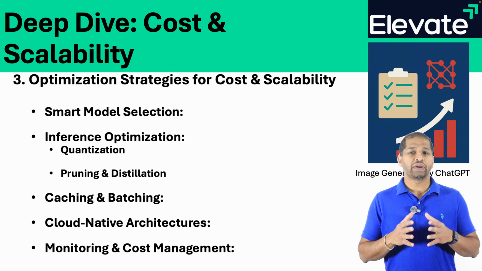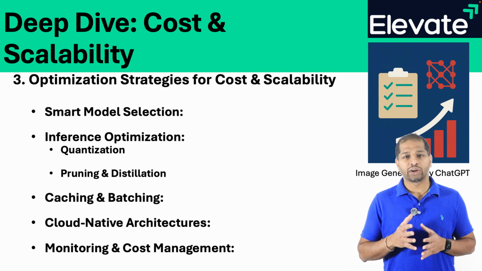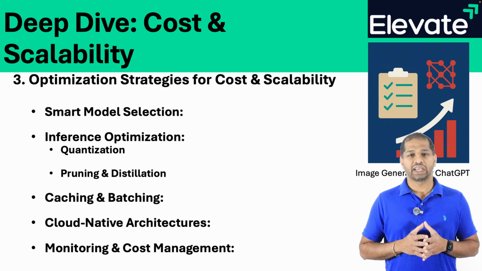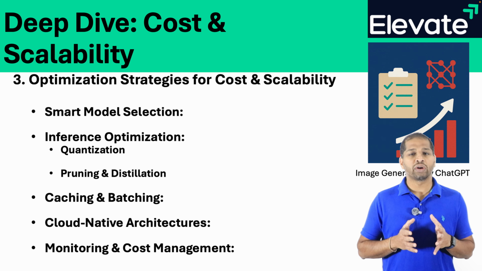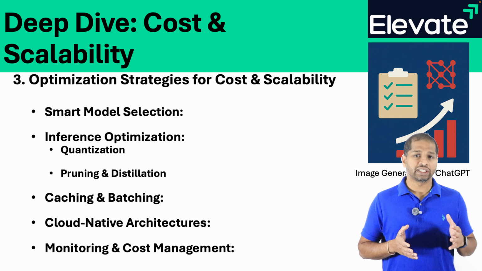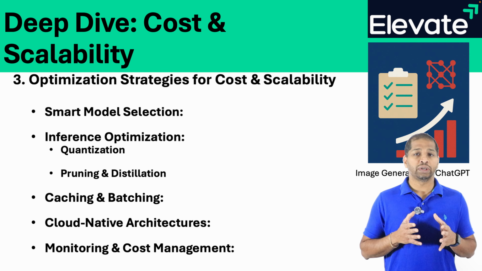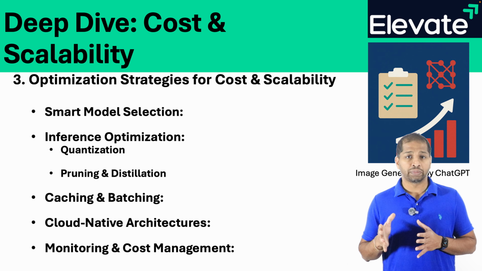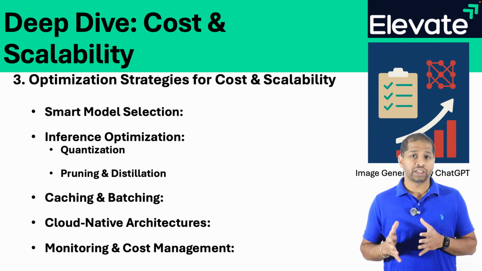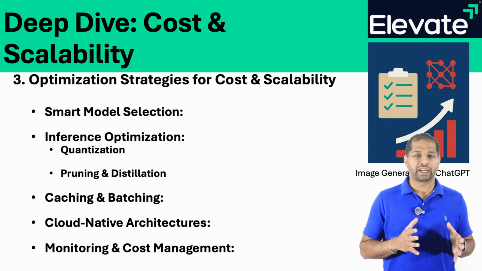Next, inference optimization techniques are crucial. Quantization is a powerful method where you reduce the precision of the model's weights and activations, for example, from 32-bit floating point to 8-bit integers. This significantly reduces memory footprint and speeds up inference with often minimal impact on accuracy.